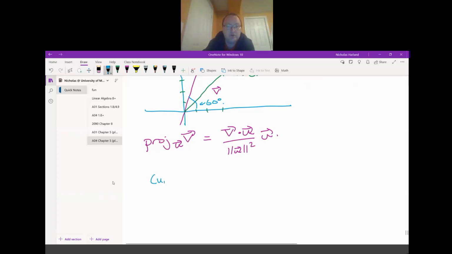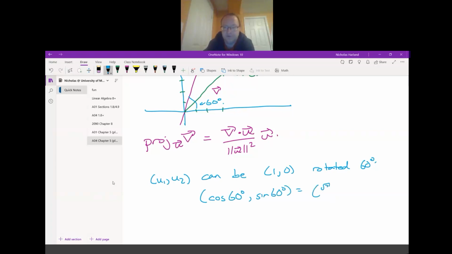So u1, u2 can be 1, 0 rotated 60 degrees, which is just cosine 60 and sine 60. Root 3 over 2, 1 over 2. And that is certainly one way to do it. Absolutely.